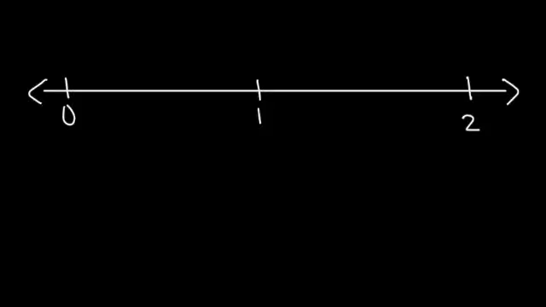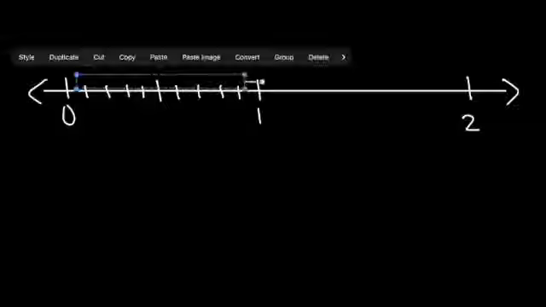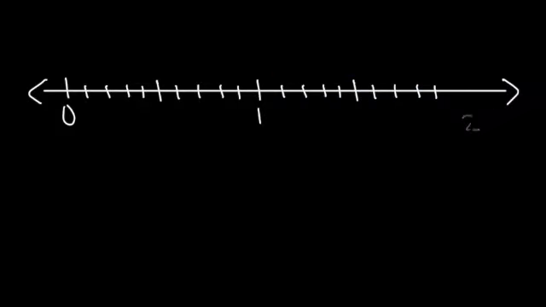So if I wanted to look at tenths, I would break my whole into 10 equal pieces. So in doing this, I can see each whole is broken up into 10 equal pieces. And if I zoom in just between 0 and 1, I can fill out the tenths that belong in between these whole numbers.